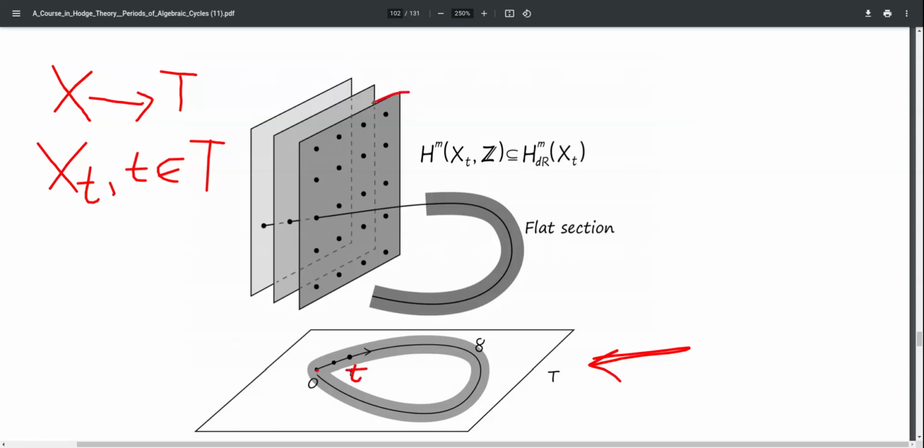Then we will have the m-th cohomology of X_t, the rank cohomology with complex coefficients. If we ignore torsions of singular cohomology, inside this cohomology we also have singular homology.